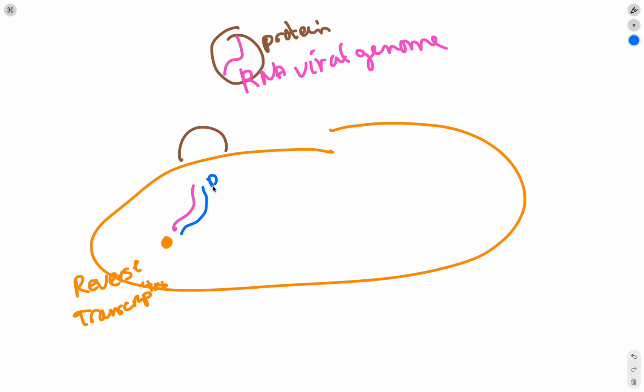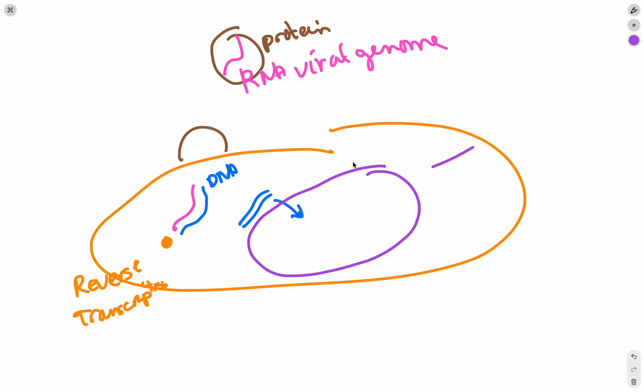So now that's going to be a DNA, and that is going to get double-stranded, and then it's going to go into the nucleus, where it's going to randomly insert into, maybe we'll make these a little different color, it'll randomly insert into the host's DNA, which is in the part of the chromosome.